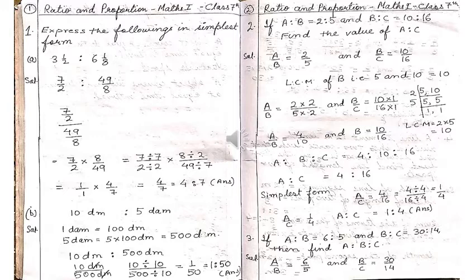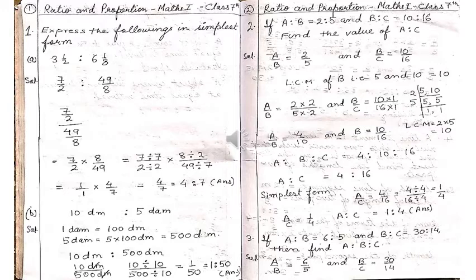Now here the two terms are the same. B is over here 5 on the denominator side, and B is on the numerator side as 10. So we will take the LCM of 5 and 10, and the LCM will be 10.